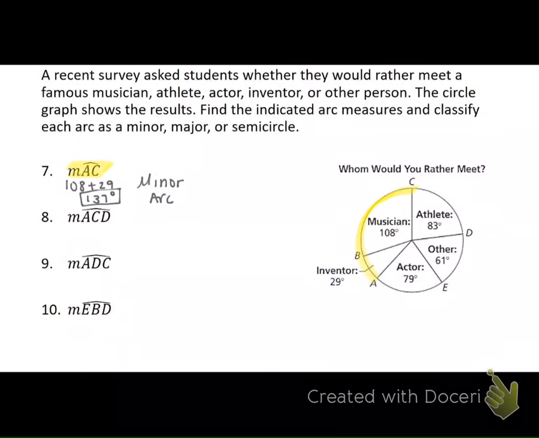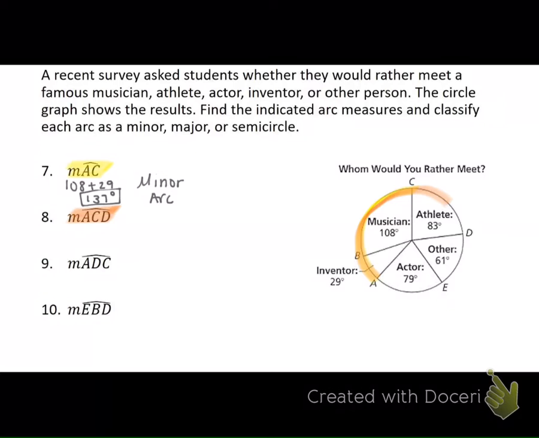ACD has 3 letters, which means that C must be in the middle. So ACD means C has to be in the middle. Hunter, how would I find that one? 108.